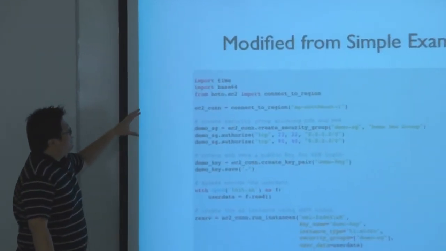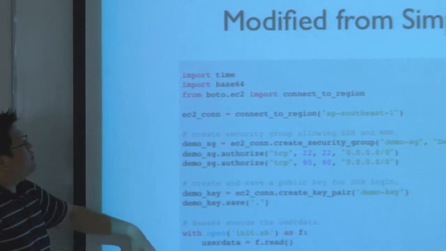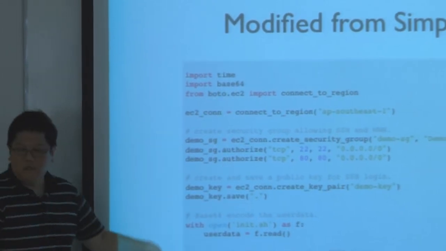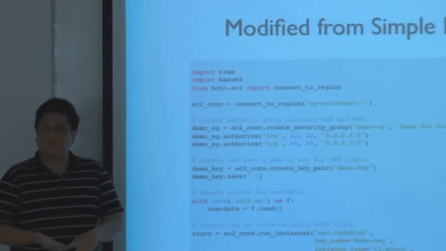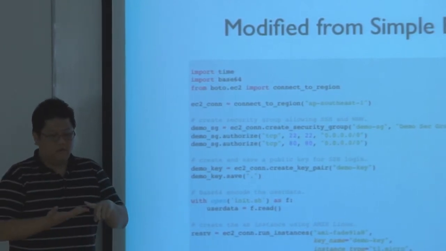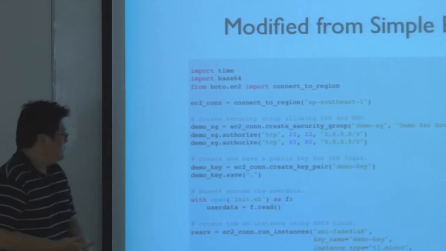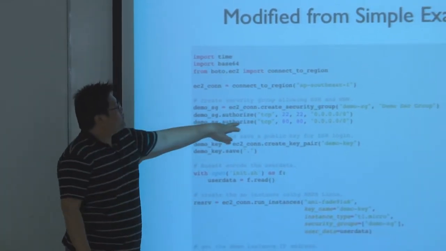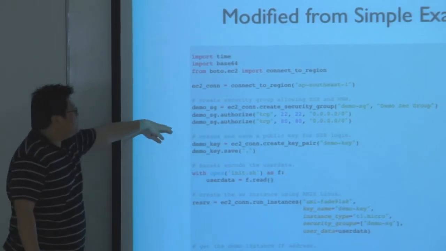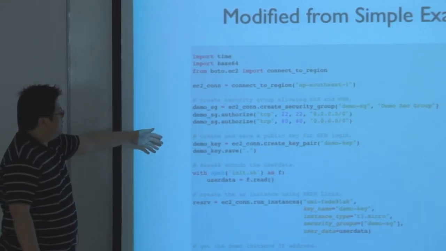So if you recall from simple example 1, what I did was create the security group, create the key, and start the instance. So what's new here, I've added another rule for port 80 to serve HTTP.